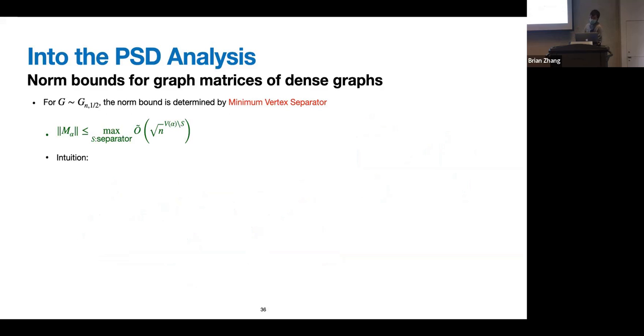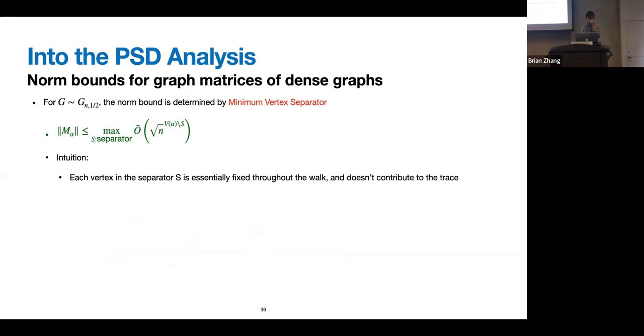The norm bound is actually going to be decided by the minimum vertex separator, where we are evaluating this quantity. We take the maximum over all separators S of V(alpha) minus V(S). So it turns out that for the minimum vertex separator, you want to minimize the vertices in S. So this is how MVS comes up in the SOS lower bound.